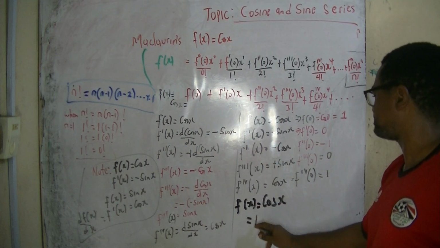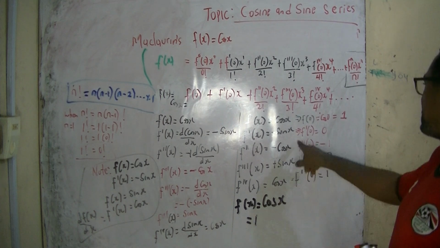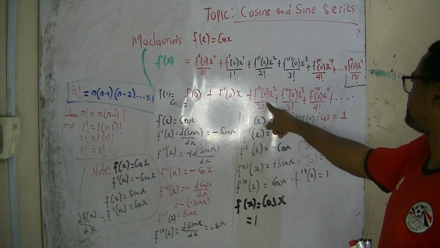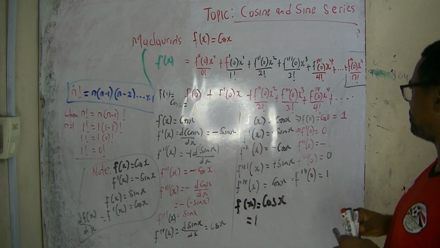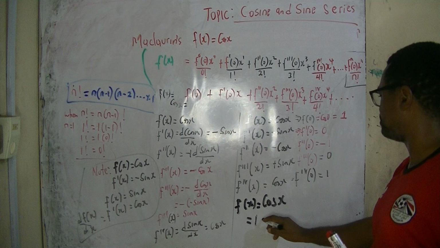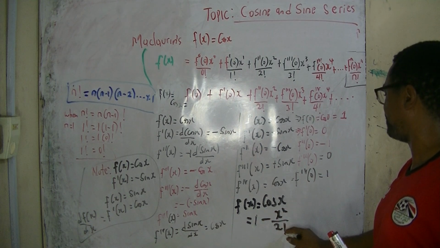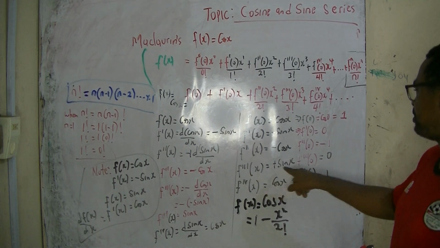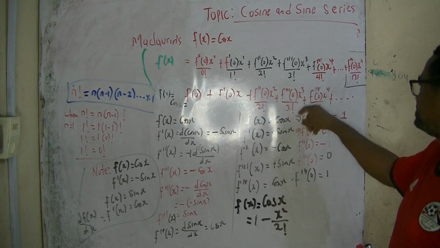Then f prime of 0 is 0, so we don't need to write it. Then we move down to this one. F double prime of 0 is minus 1. So what we are going to have here is minus x squared divided by 2 factorial. Then the third derivative of 0 is 0, so the whole of this place is 0.